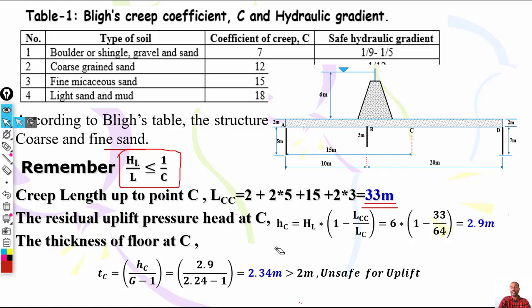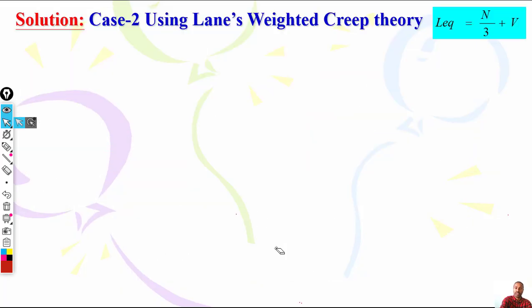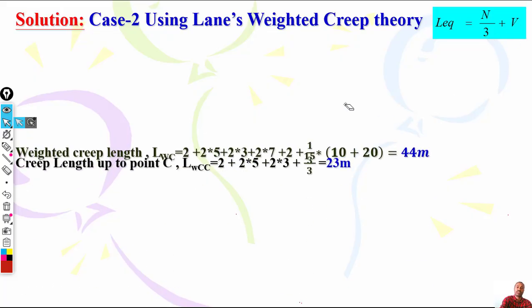So for uplift, we will check the thickness of the floor, and for piping, we will check with hydraulic gradient, safe hydraulic gradient. Okay, using Lane's weighted creep theory, you have this one. Sum of all horizontal contacts divided by 3 plus vertical contacts.